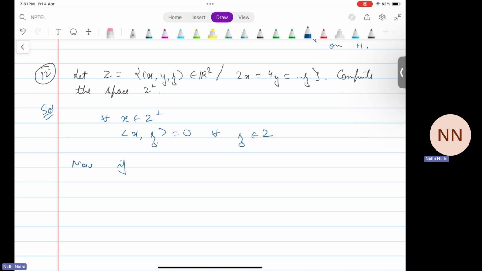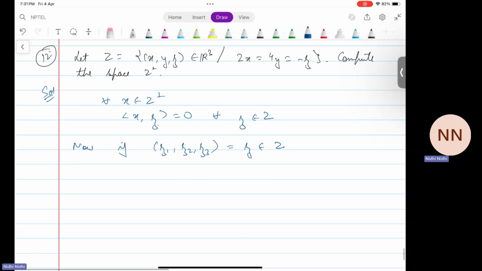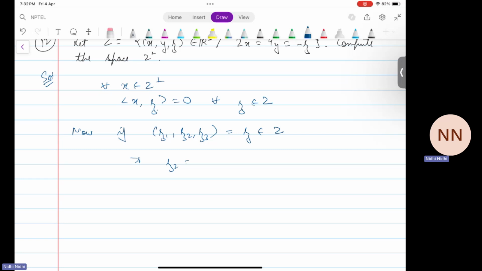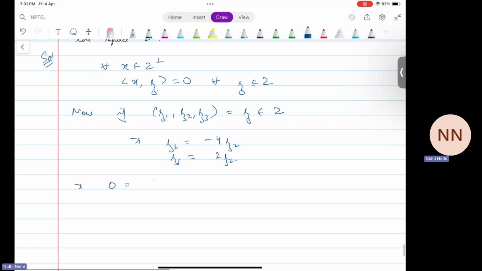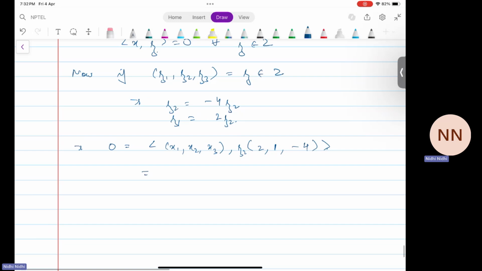Now, if z = (z1, z2, z3) belongs to Z, then by the definition of the space Z, we get z3 equals minus 4 times z2 and z1 equals 2 times z2. So in that case, we get 0 equal to the inner product of x = (x1, x2, x3) with z, and taking z2 outside, this is (2, 1, -4) dotted with x, which equals (2x1 + x2 - 4x3) times z2.